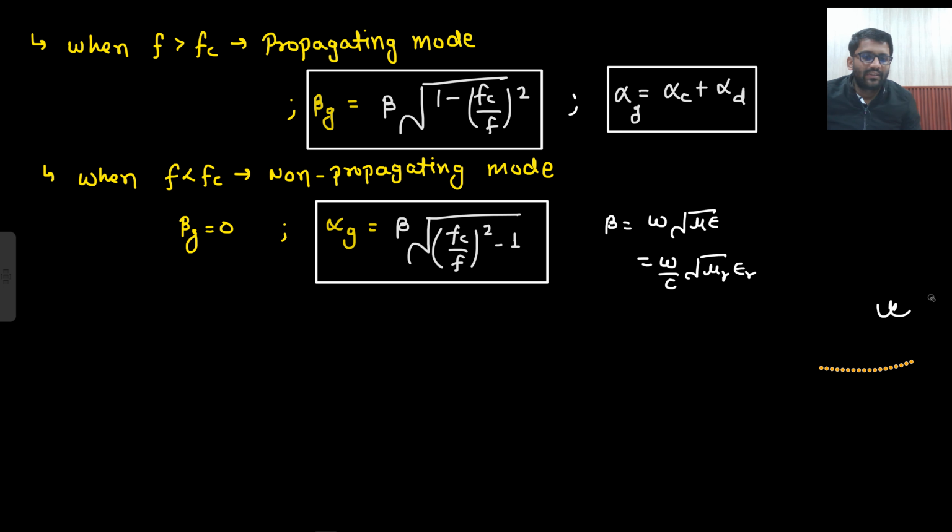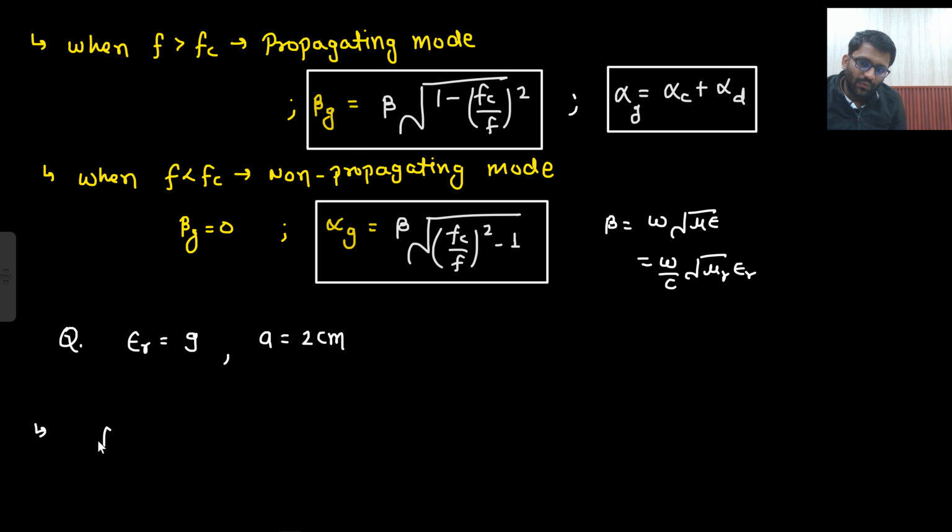Let's apply this formula. I will frame a question. Epsilon r is given, that is 9. A is given as 2 centimeter. If I ask you what will be my Fc for TE10 mode, that would be Vp by 2a.